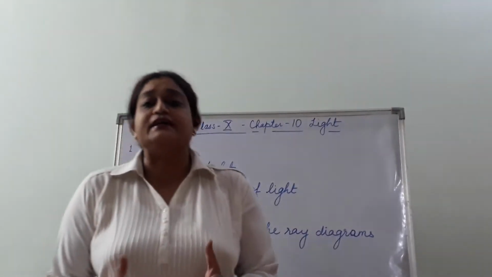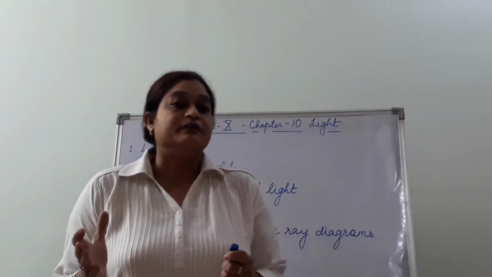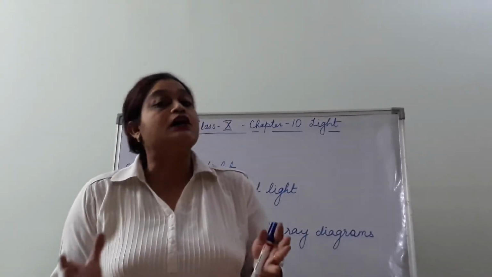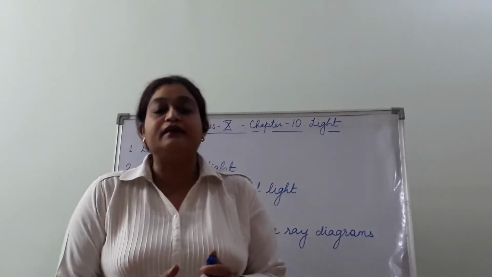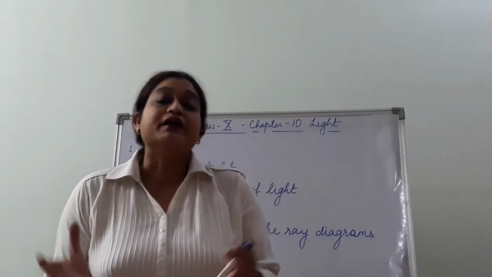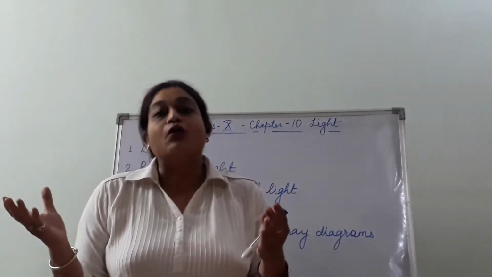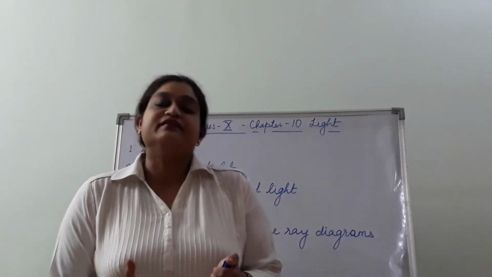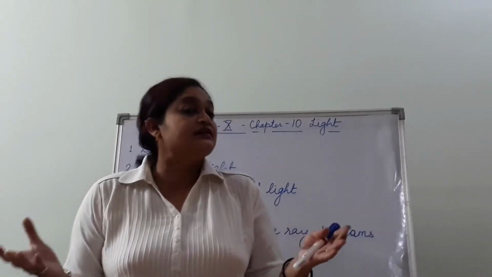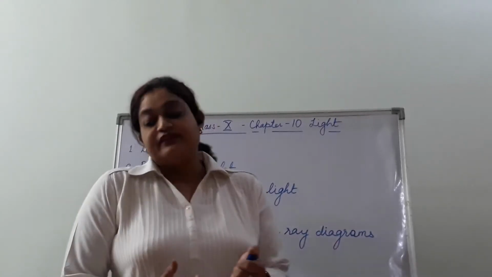So what is light? You would have seen that whenever you are in a dark room, you are not able to see anything. But whenever there is light on in the room or sunlight is entering inside the room, we can see things. So in physics, what is light?